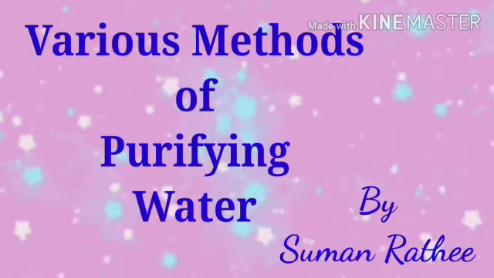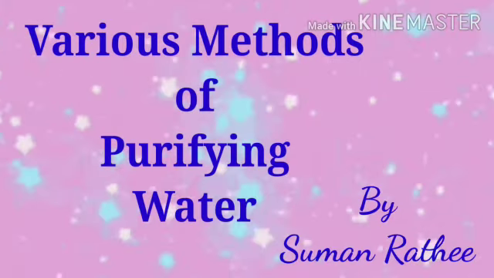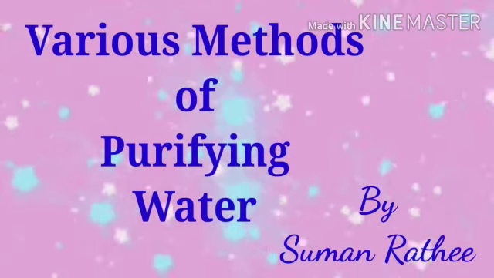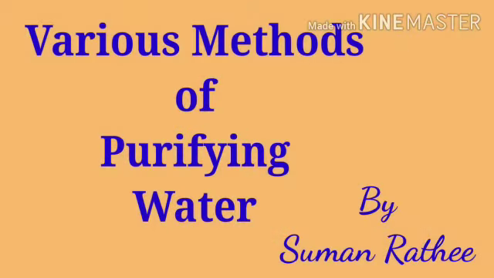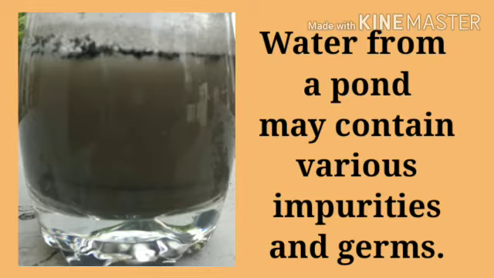As you know, water from a lake or a pond may contain various impurities and germs. Today, we will learn various methods of purifying water. This glass has water from a pond that may contain various impurities and disease-causing germs.